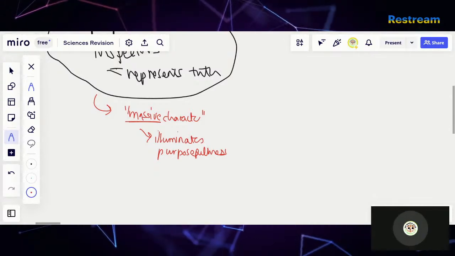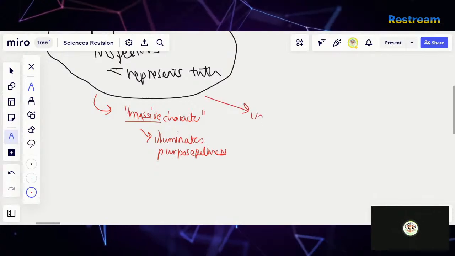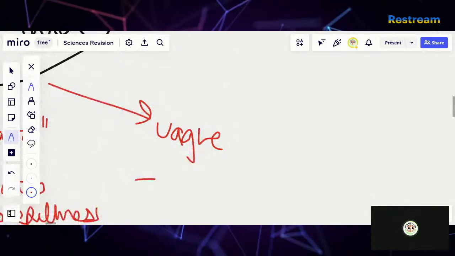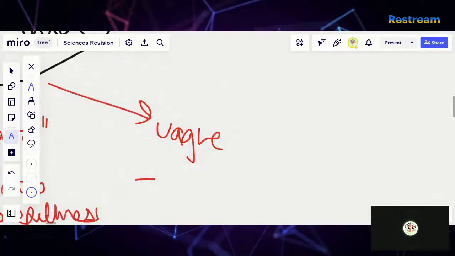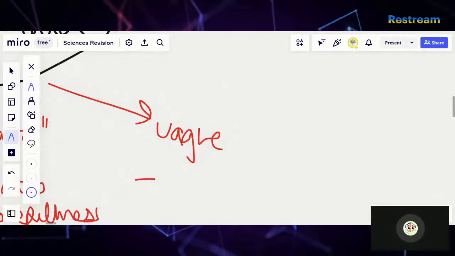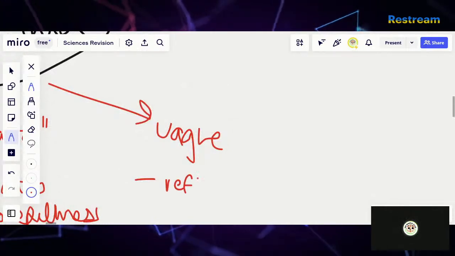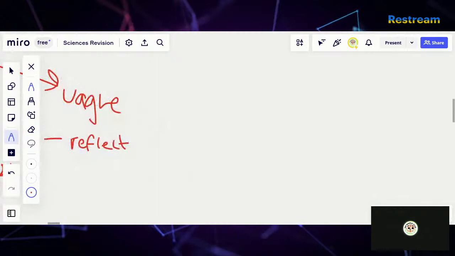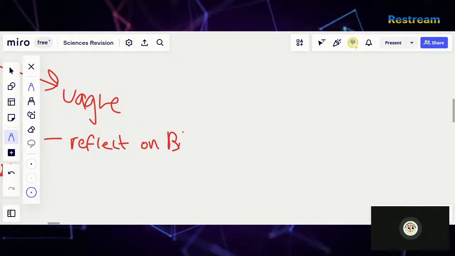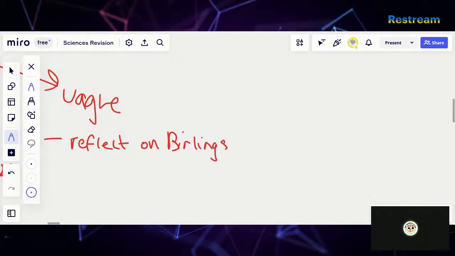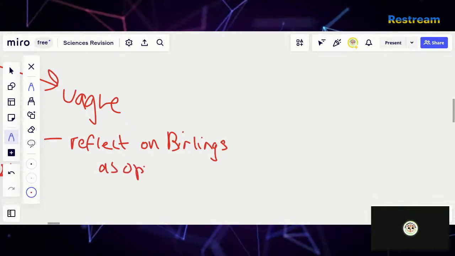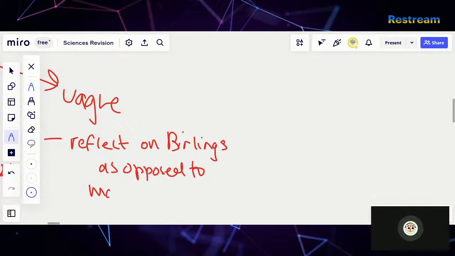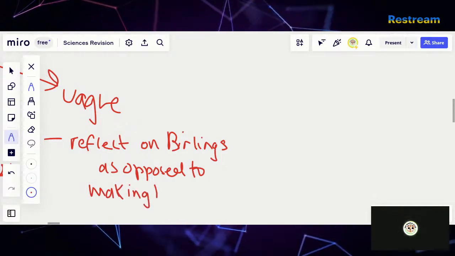He is also presented as quite vague, and the fact that the audience do not know much information about him forces the audience to just reflect on the Burlings as opposed to making the protagonist the inspector.